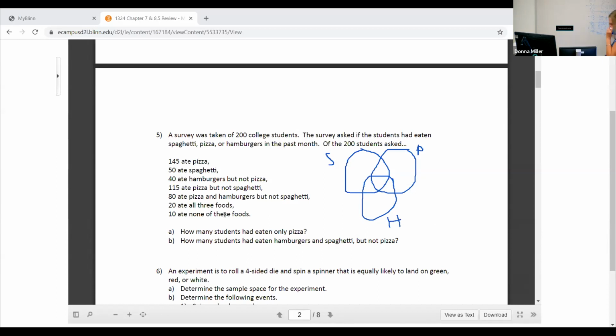Now, okay. So what I'm looking for is numbers that are easy. I'm still going to work it backwards. It's easier to work backwards. The first statement is 10 ate none of these foods. So 10 ate none of them. Those are the people that go out here. So there should be a 10 on the outside. All right. So let me draw that.